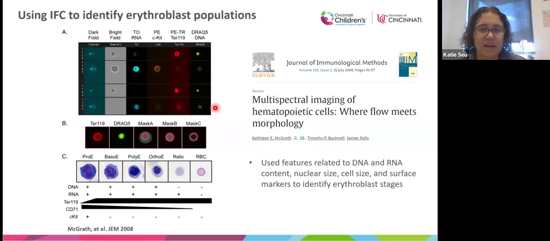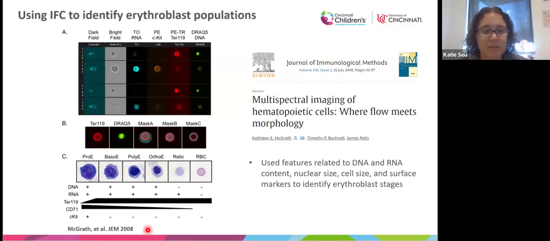I think Jim Palis's group, led mainly by work by Kathleen McGrath, was the first to publish an erythroblast analysis scheme utilizing the ImageStream. And they leveraged this very powerful and customizable multi-parameter analysis to create and define parameters that were very meaningful to the evaluation of different erythroblast stages. That's not the one-size-fits-all of flow cytometry, where you're basically going based off the intensity of different markers.